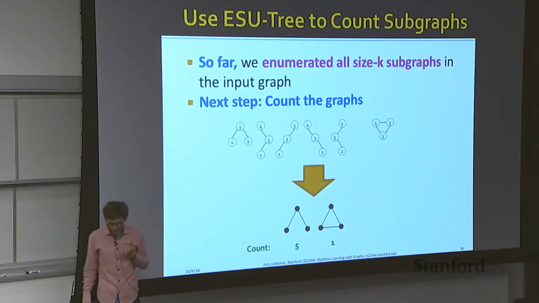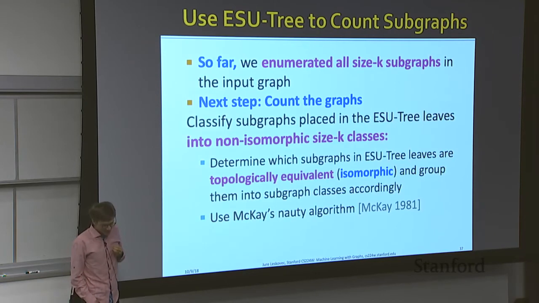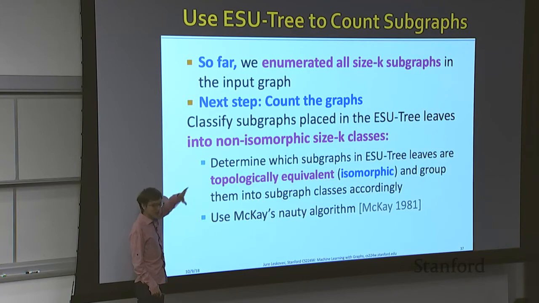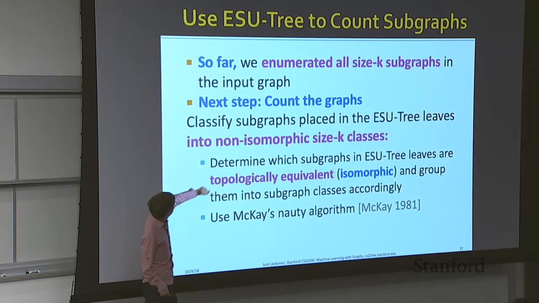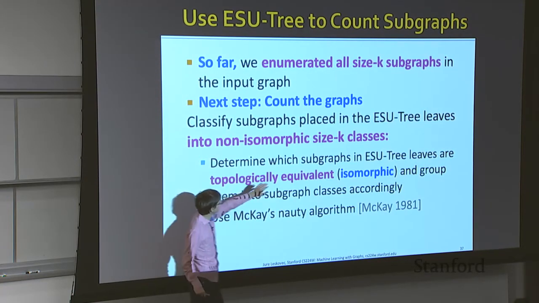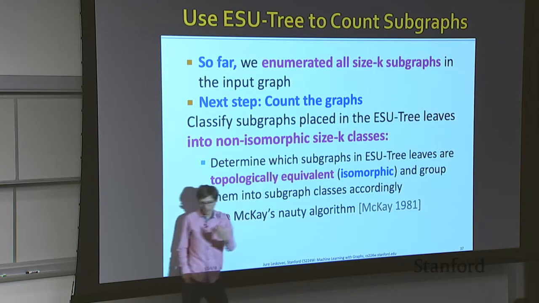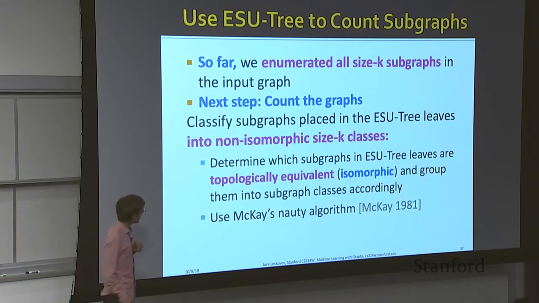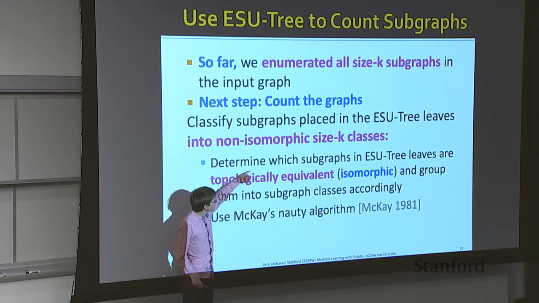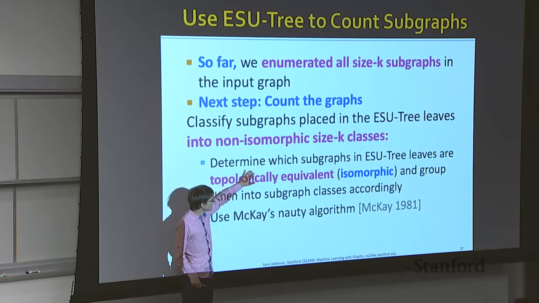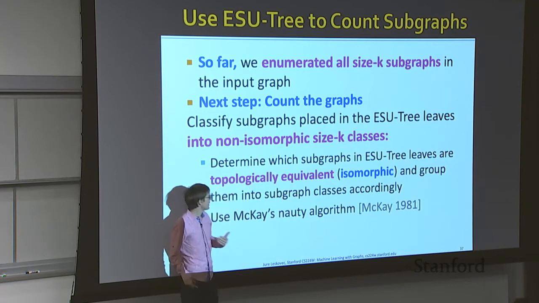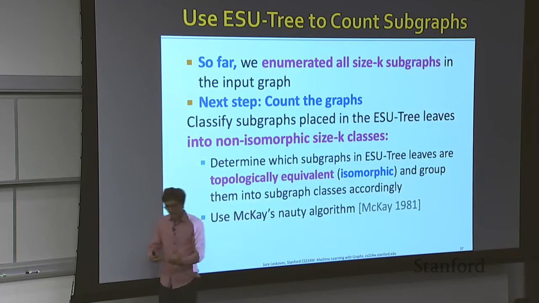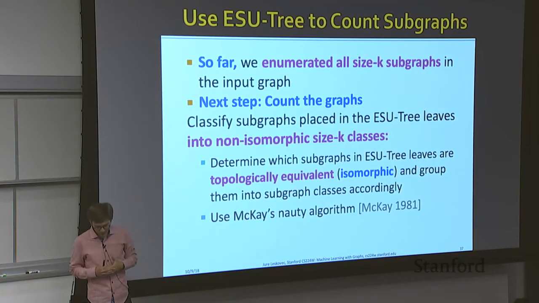And the way you do the counting step is the following: we have to take these instances of subgraphs and identify them and classify them into non-isomorphic graphs of size k. The idea is that we determine which subgraphs in the ESU tree leaves are topologically equivalent or isomorphic, and group them together and count them together.